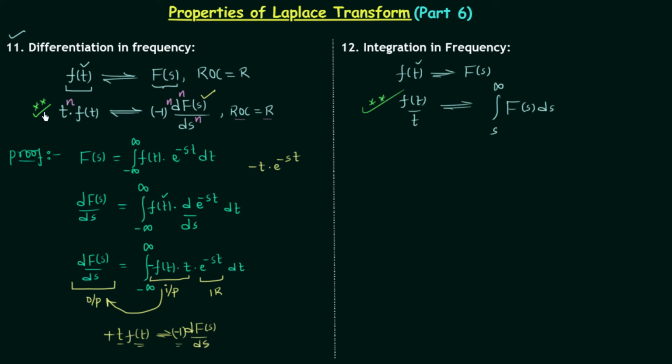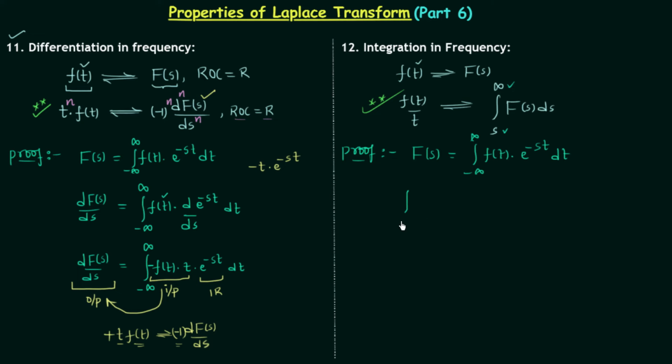Now we will quickly prove this property. The process will remain the same. We will write F(s), it is equal to the integration from minus infinity to infinity of time domain signal f(t) multiplied by the integral kernel e power minus st dt. Now we will integrate both the sides with respect to s, from s to infinity.